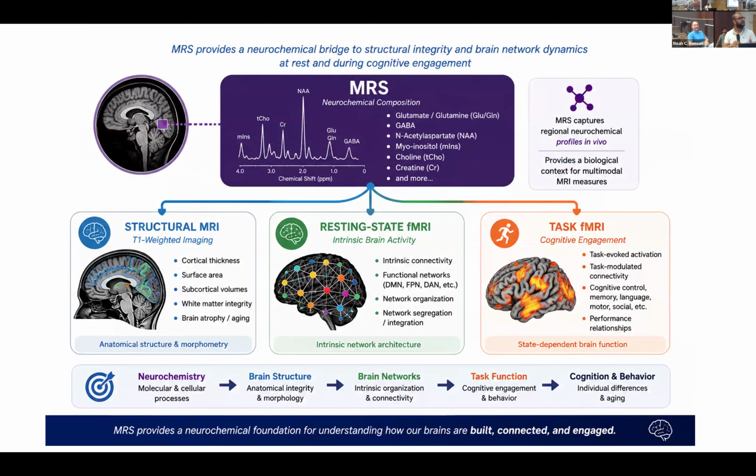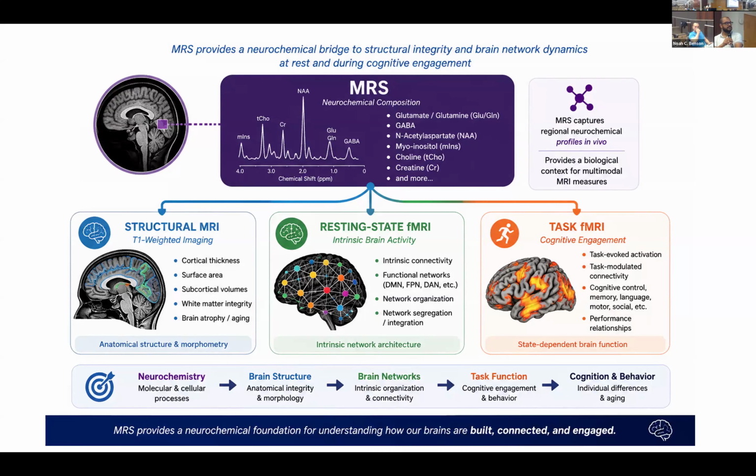So, big picture overview: what MRS is and how we might go about this. MRS basically captures the neurochemical composition of underlying metabolites like glutamate, GABAergic, acetyl and a bunch more.